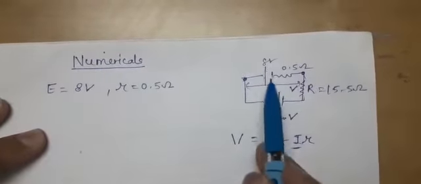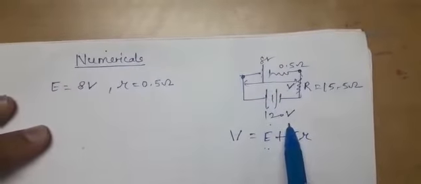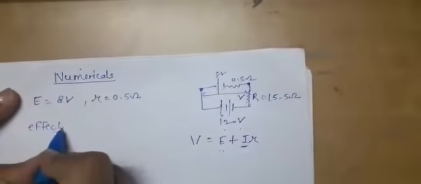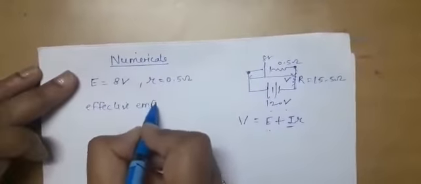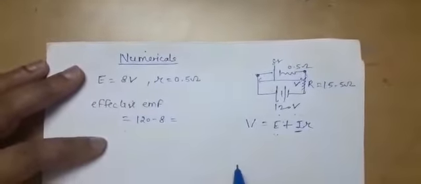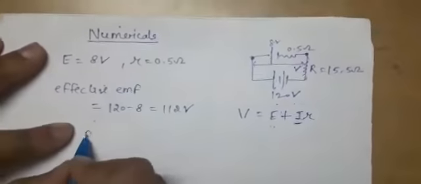See here, as this battery is charged by a 120 volt DC supply, what will be the effective EMF of this circuit? The effective EMF will be given by 120 minus 8, so it will be 112 volt. And what is the effective resistance?